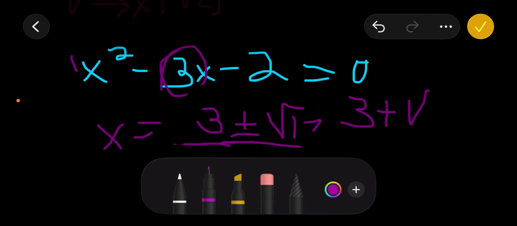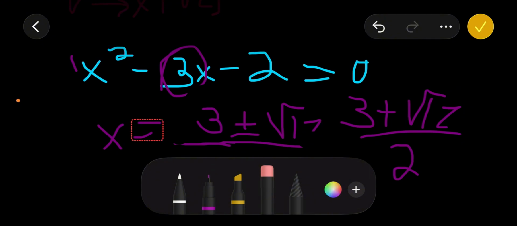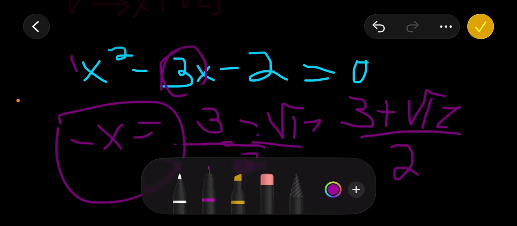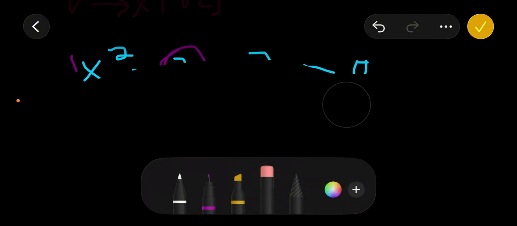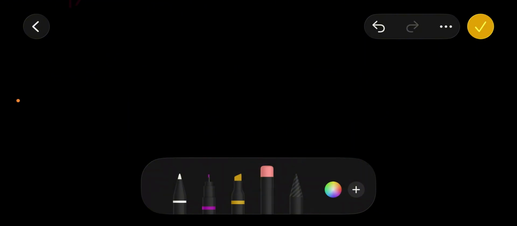So 3 plus root 17 divided by 2, and 3 minus root 17 divided by 2. So these are our two solutions. Let's do another example, to make sure you aren't getting confused.